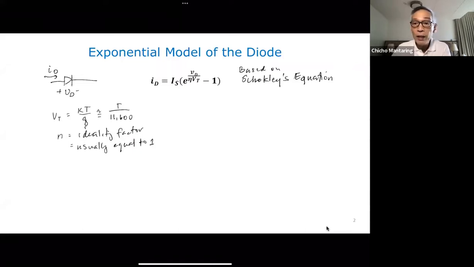Now, when it is forward biased, it means V_D is positive, no? Ang ibig sabihin nito is V_D is greater than 0. That is the anode. If you remember the terminology in 123, you call this the anode, you call this the cathode.